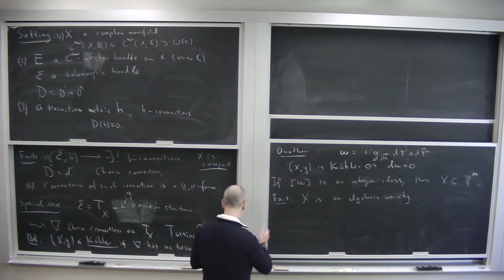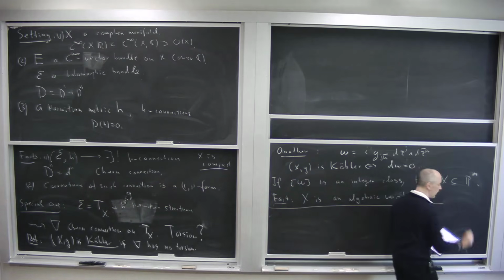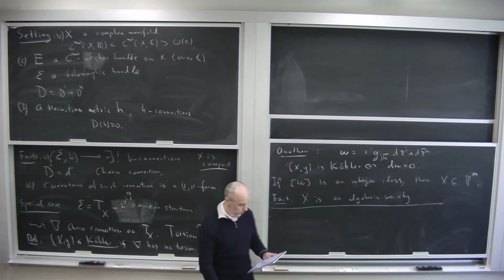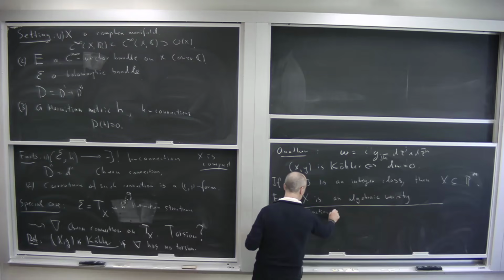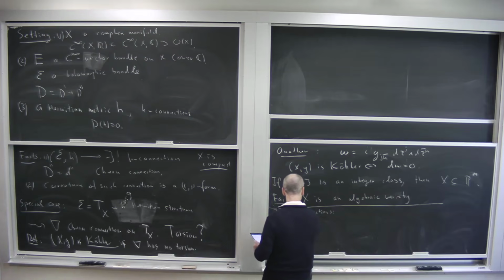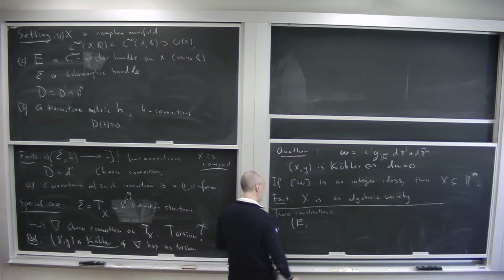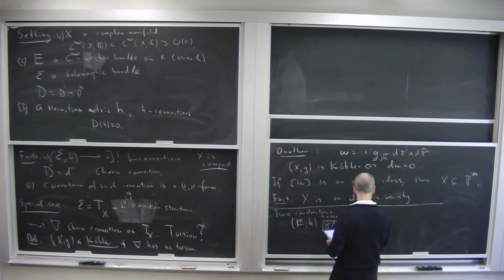Okay. So now that is the stage, and the story actually begins with choosing connections on E. And so we have two constructions that are described here. And again, they are very simple. If I start with smooth bundles with Hermitian structure, then I can choose an H connection such that it squares to 0, and that gives me a holomorphic structure.